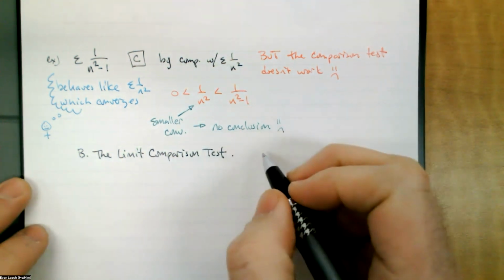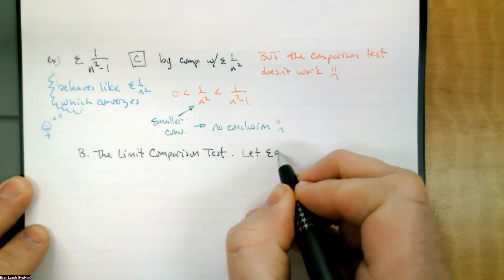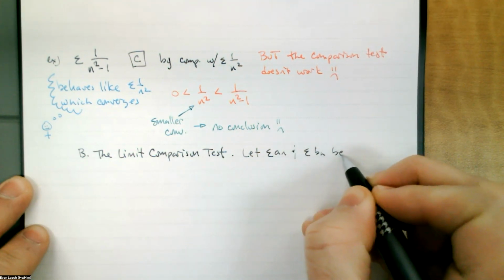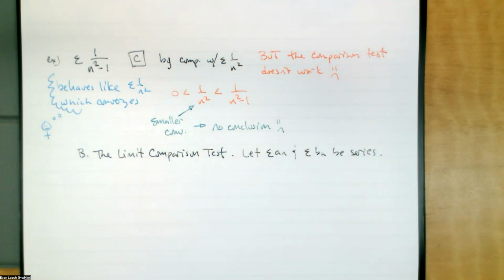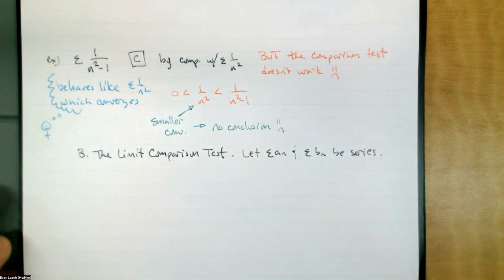The limit comparison test says, let's say we have two series. In the limit comparison test, I don't need to make a direct comparison between the terms. I don't need to have the terms of one being always larger or always smaller than the other. We're going to look at a limit. So that's a clever name.